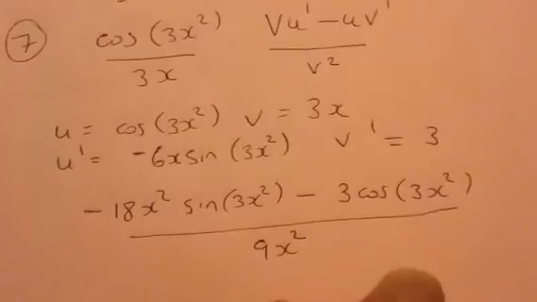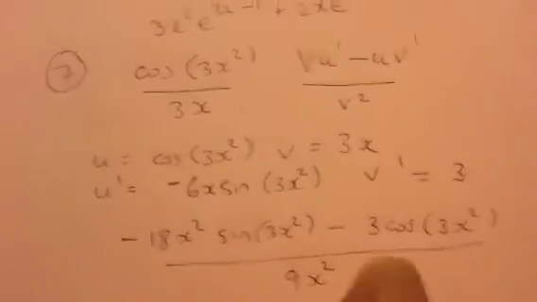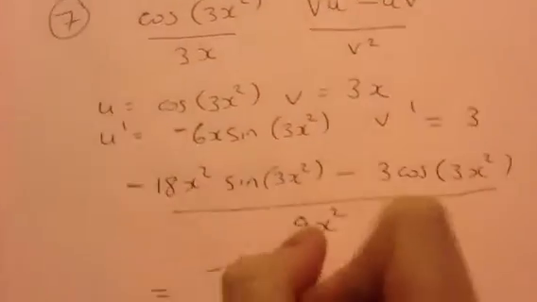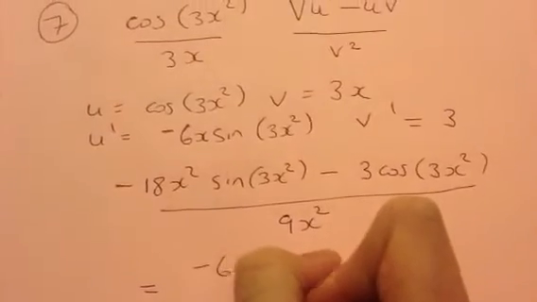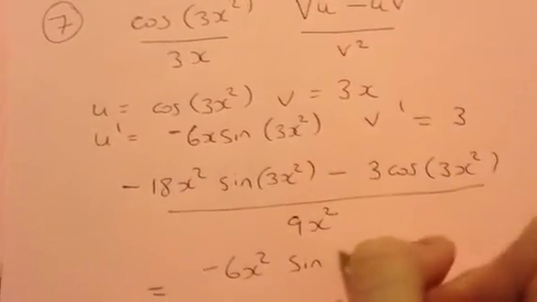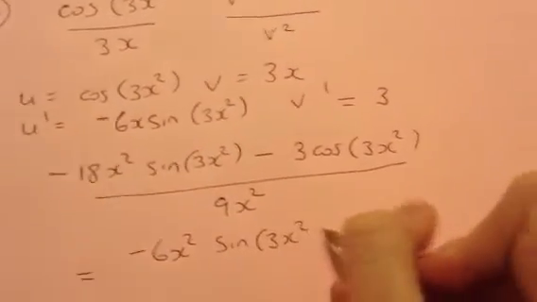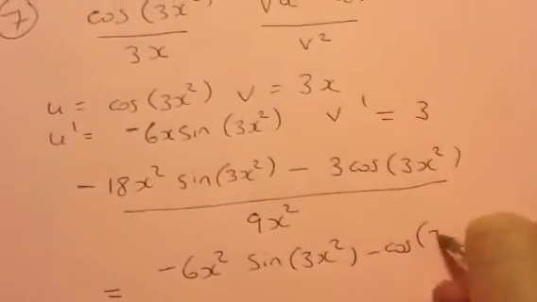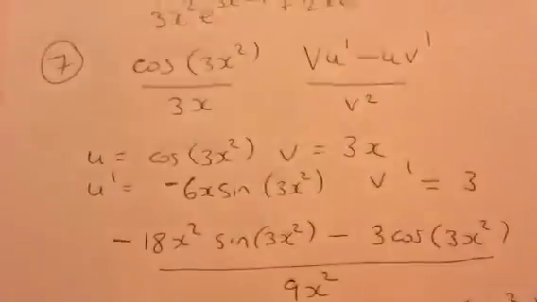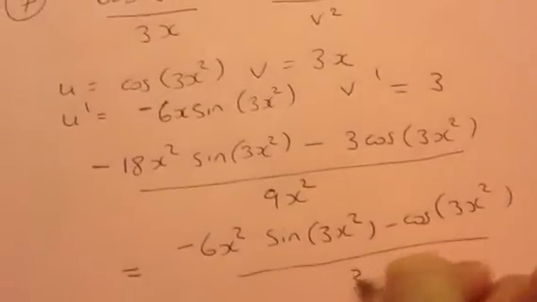Now we can divide right through by 3 if we want, and that's the only thing that I can really spot there, so I get minus 6x squared sine 3x squared minus cos of 3x squared all over 3x squared. Okay, that was another enjoyable one there.